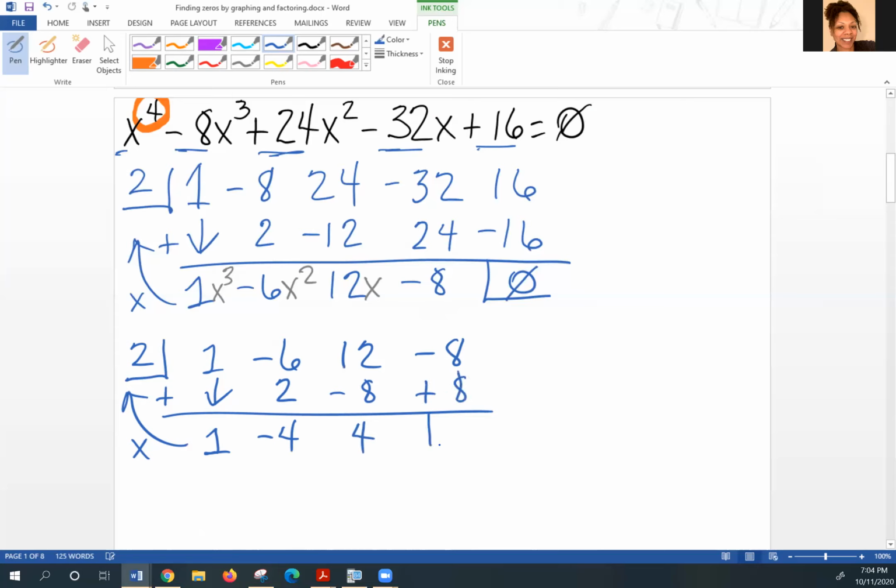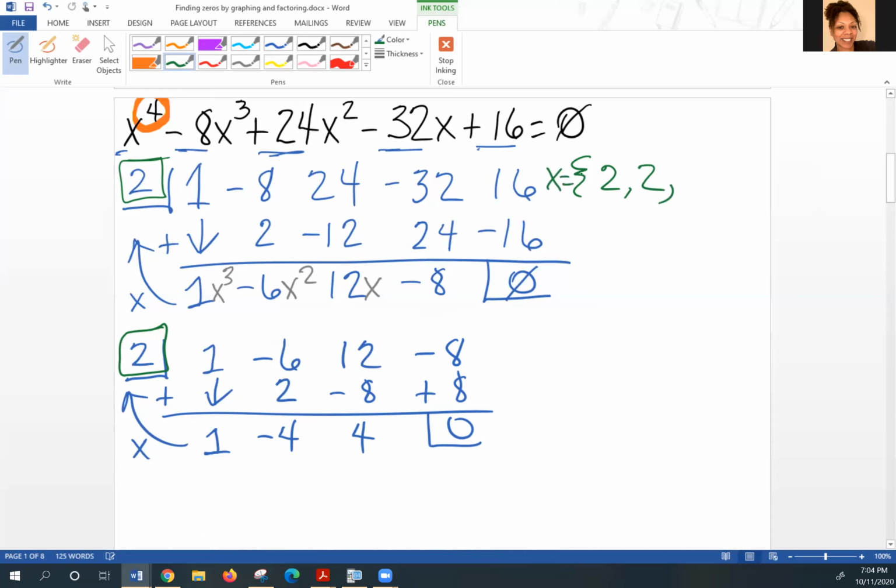So far, so good. All right, so that means I have another. Again, I have 4 answers that I'm looking for. So far, this is an answer. This is an answer. When I say answer, I mean zeros. So I have a set of 2 and another 2 so far.